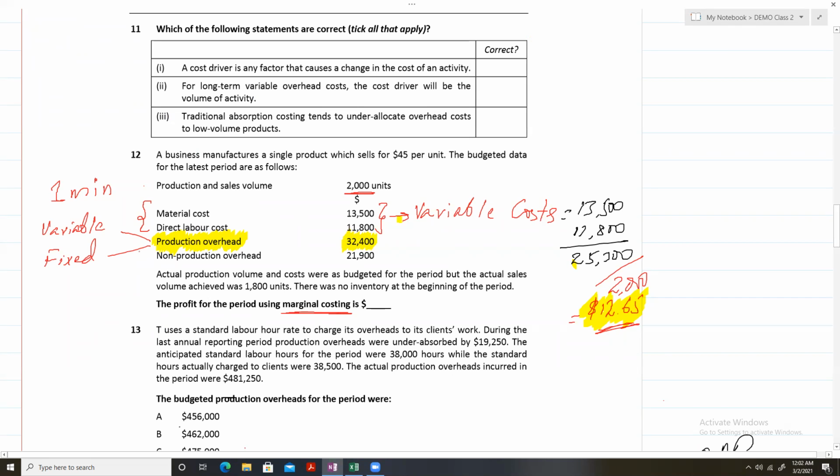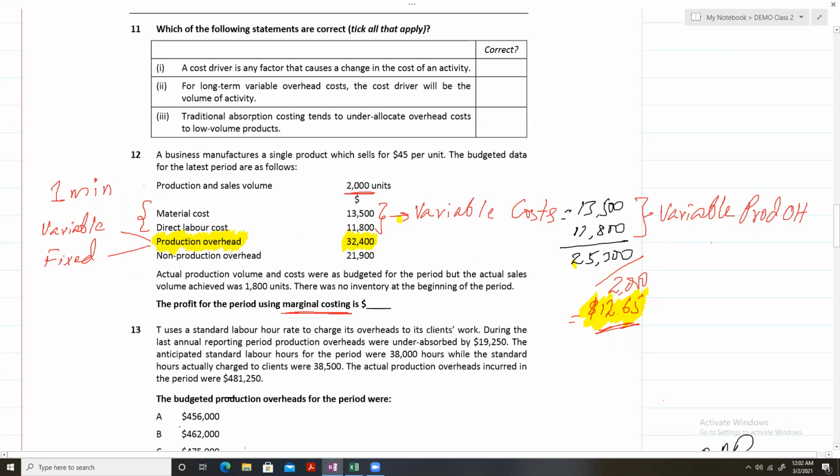Don't be afraid, because if you are given variable production overheads, you will include variable production overhead in inventory valuation.